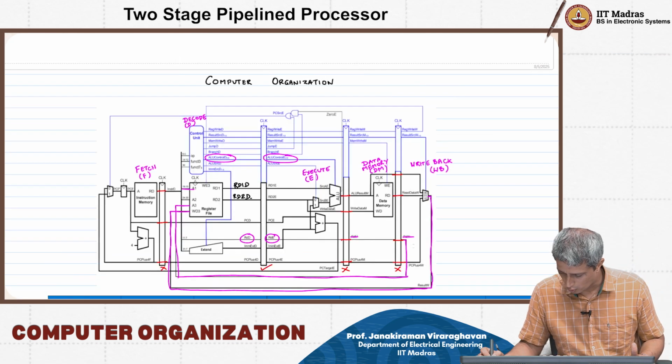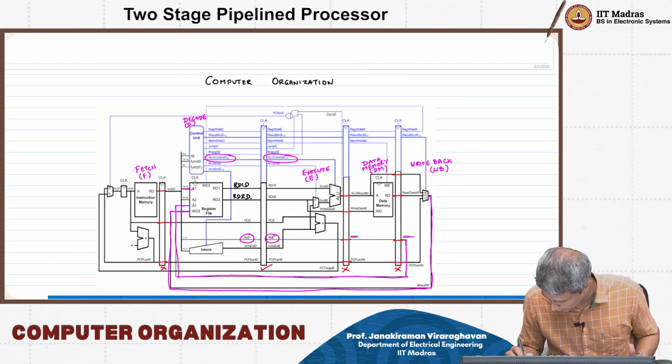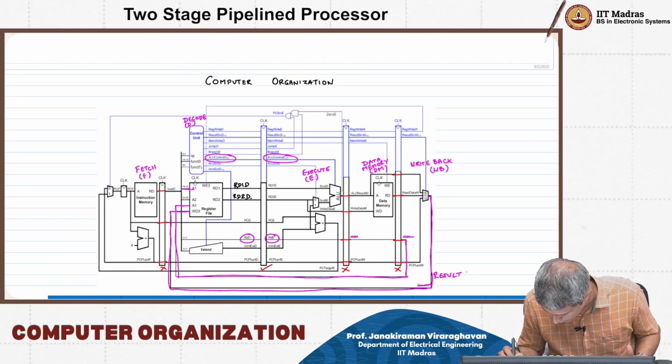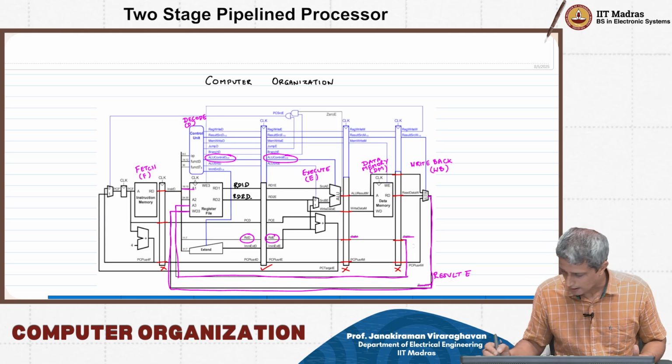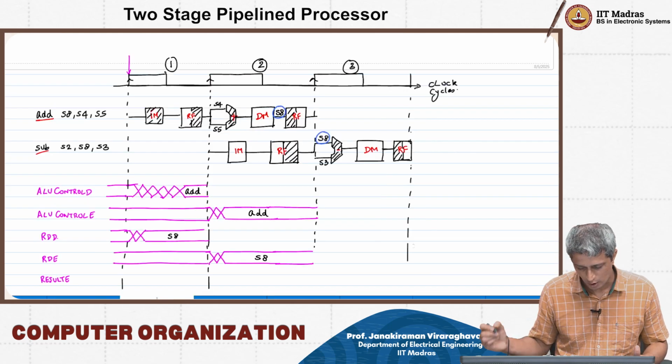Okay, that's what I am going to call this. I will call this result E. Okay, that is going to come back into this register file for writing.